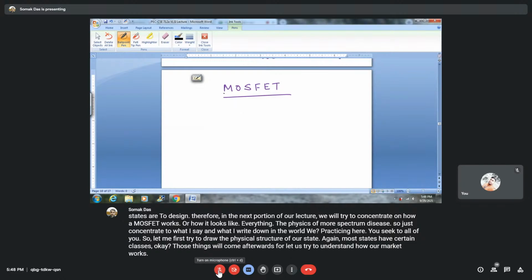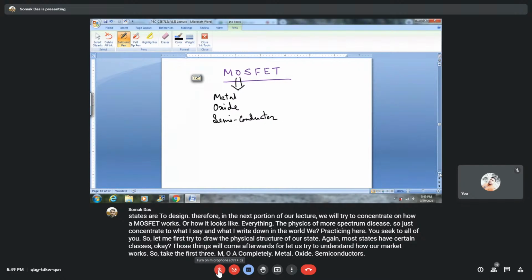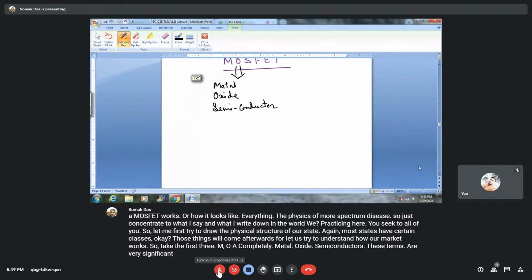So take the first three alphabets, M, O, S. What do they signify? Metal, oxide, semiconductor. These terms are very significant while I draw the structure because the first three alphabets define the physical structure of the model.